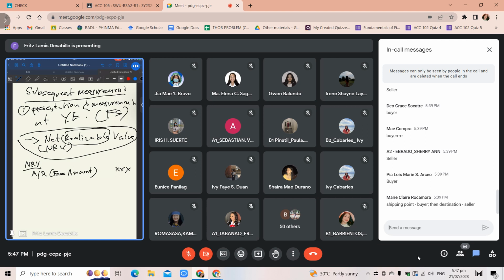An example of that is what we call an allowance for doubtful accounts. DA na lang ko sulat guys sa allowance for doubtful accounts. So we have to account for any estimated uncollectible receivables. So we have to deduct those uncollectible receivables.